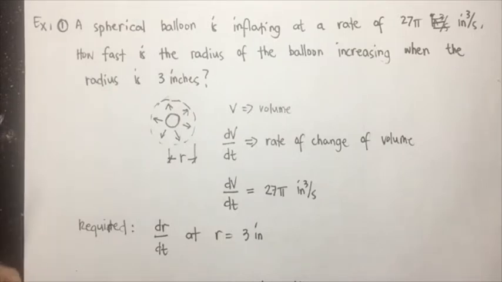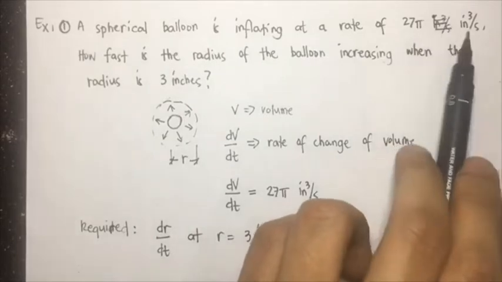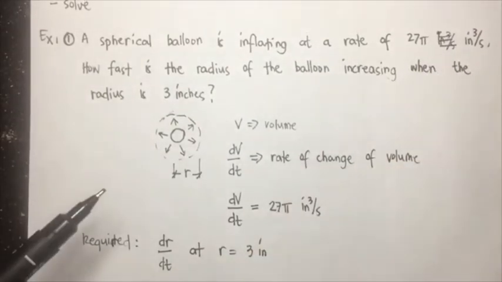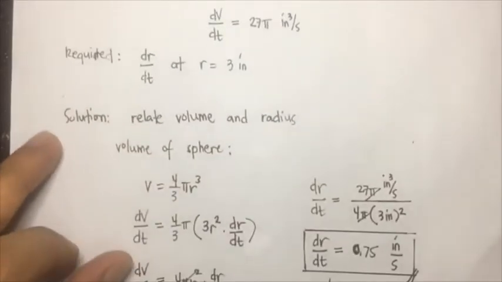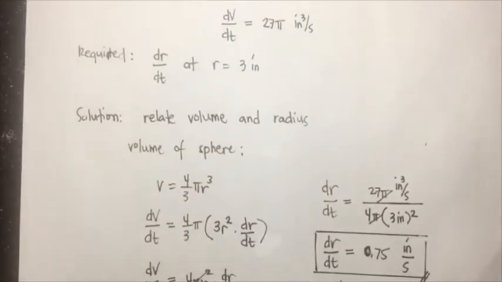That's because of the volume, because we have a constant volumetric flow rate. If you have a balloon at home, you can try inflating it.